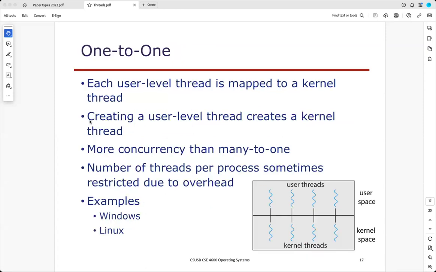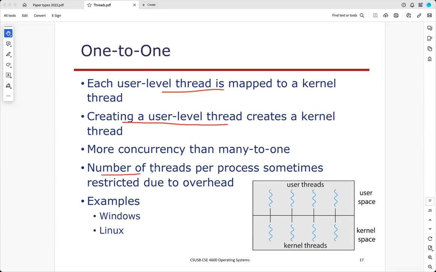Next one is the one-to-one model. In the one-to-one model, each user-level thread is mapped to a kernel thread. Creating a user-level thread means creating a kernel thread. The one-to-one model provides more concurrency than the many-to-one model.